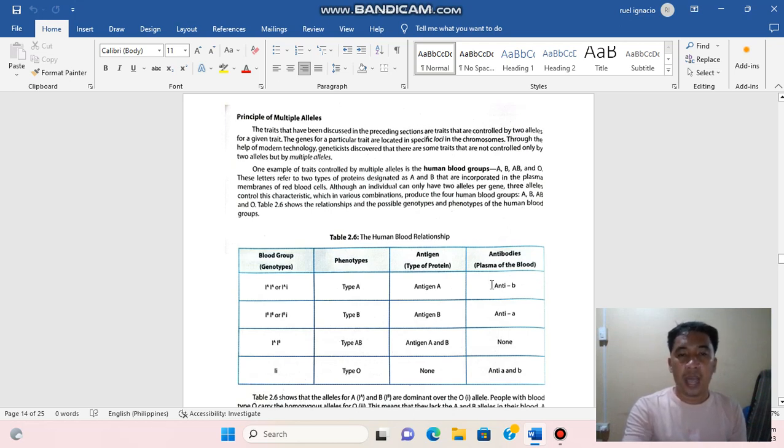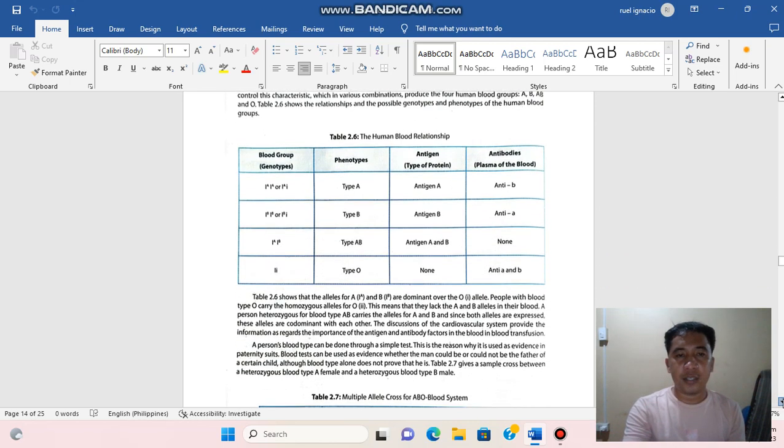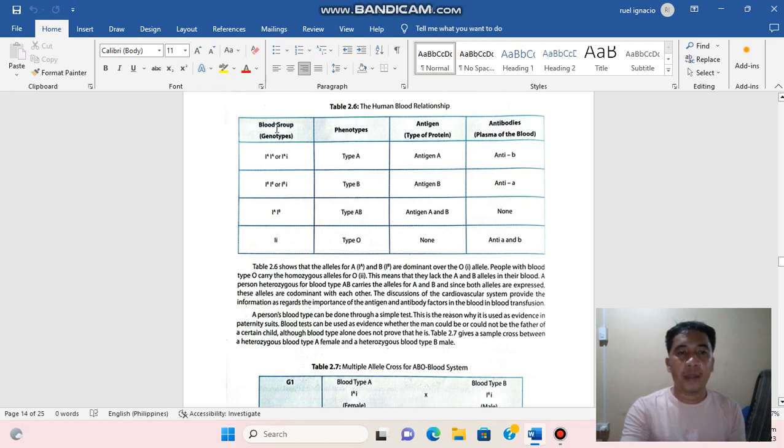As you can see in the table, we have the blood group and their genotypes. If your type is type A, you have the genotypes dominant A, A, or A and recessive O, so A, O. The phenotype is A, your antigen is type A protein, and your antibody is B. So your blood type is type A.